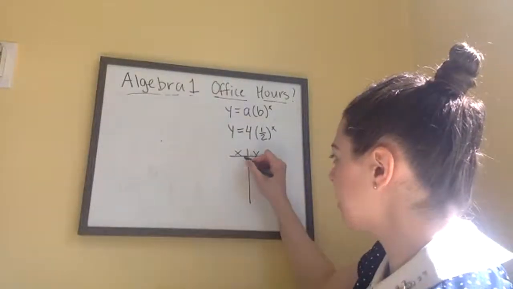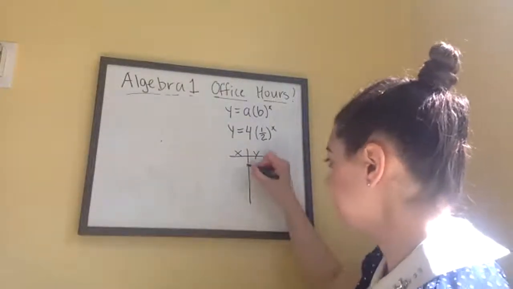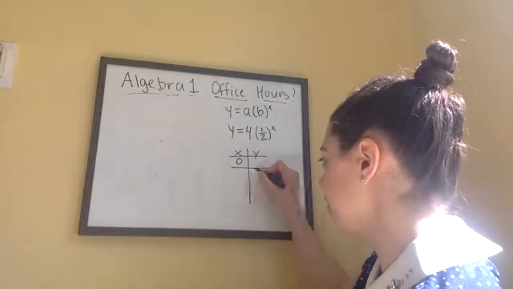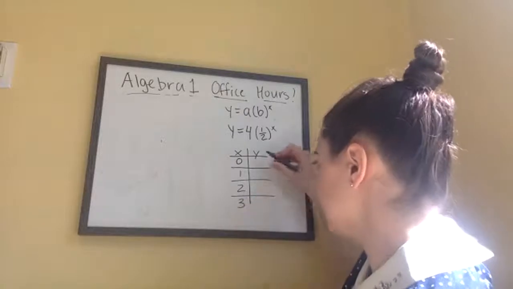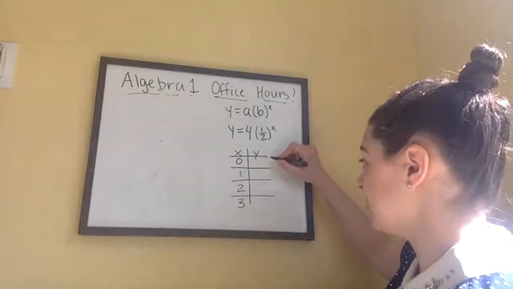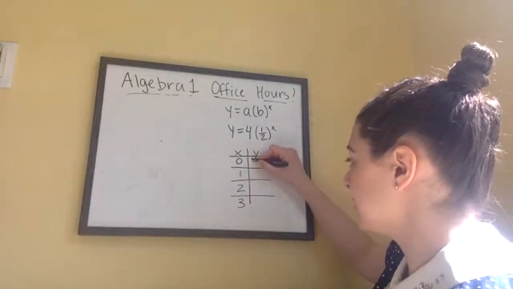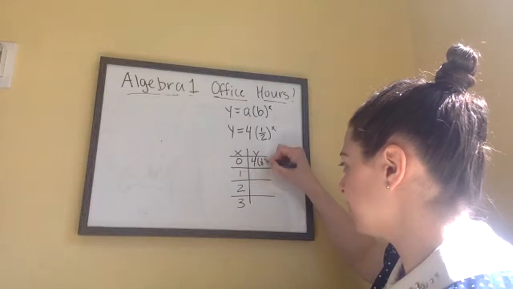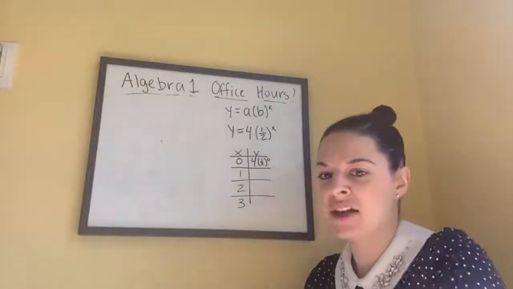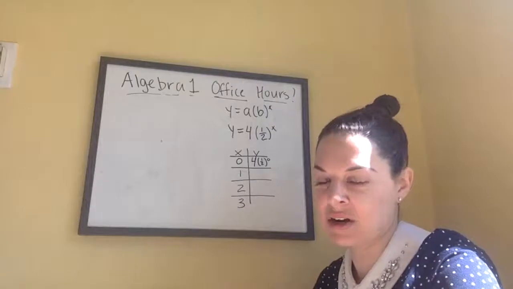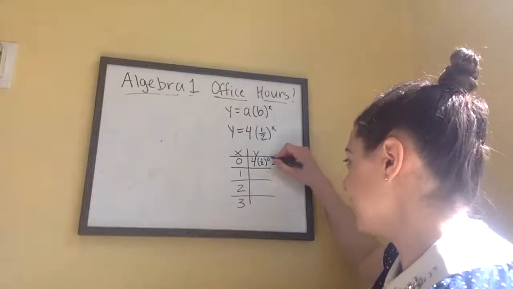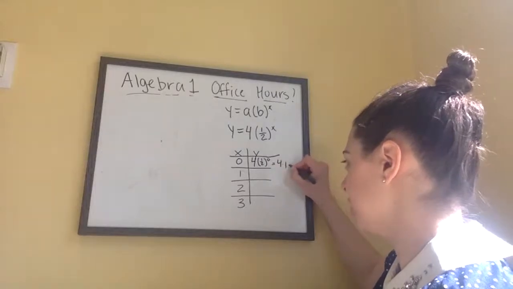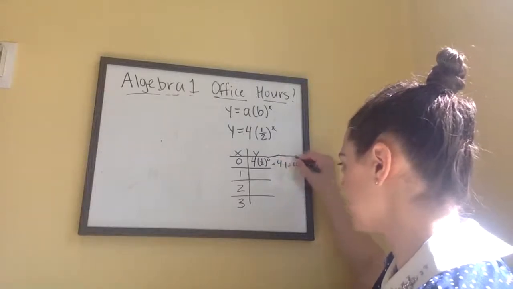Okay, we're going to start with 0, then 1, then 2, and then 3. So if I start at 0, that means I'm doing 4 times 1/2 to the 0. Math fact: if anything is ever raised to the 0 exponent, that's going to be 1, always. So this is like saying 4 times 1, which equals 4.